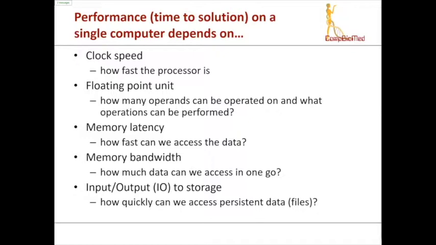We're limited here by the clock speed, or how fast the processor is; the floating point unit, or how many operations can be performed for every clock tick; memory latency, how fast can we actually access the data from the cache; and then memory bandwidth, how much data can we get in one go from the memory; and then finally I/O storage, how fast can we read and write to a file system.